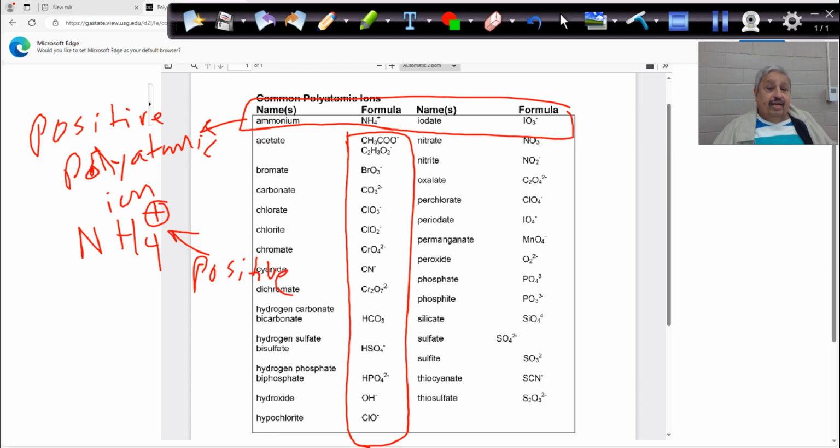And the way I learned those a long time ago, I write the name of each polyatomic ion and its formula with the charge, because this way I can understand. I write such a table 10 times, 20 times, so I can memorize their names and their charges.